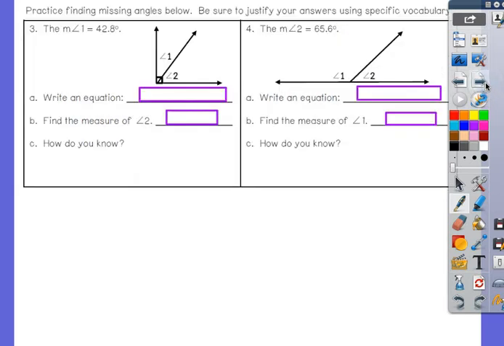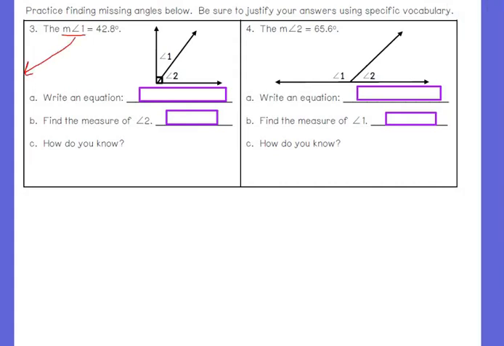So let's move to 3. Example of complementary or supplementary? Complementary. I've got to again write an equation. But first, underline this and draw an arrow to the side, because again, math people are lazy.